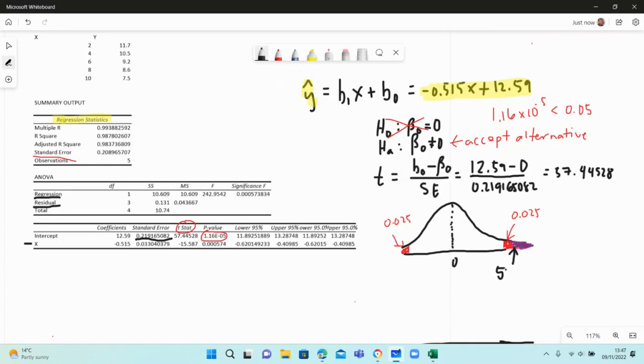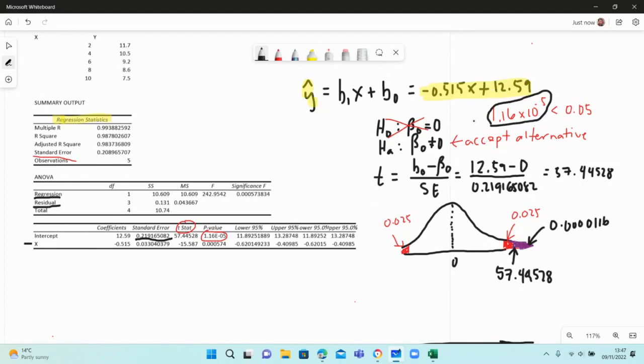Okay, this is 57.44528. Okay, and this area here to the right of this particular t-value is 0.0000116, which is basically this.